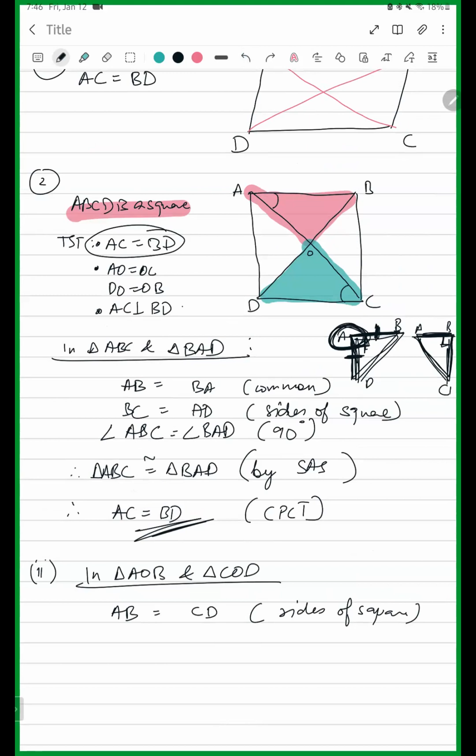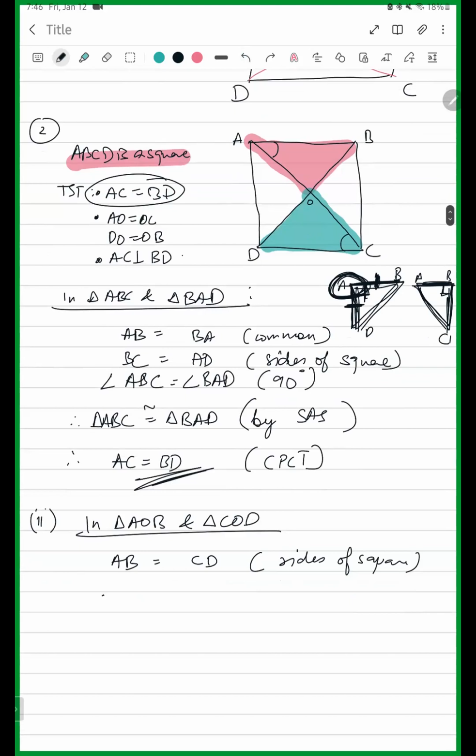So angle BAO is equal to angle DCO. And similarly, angle ABO will be equal to angle CDO. The reason for both of these is the same: they are alternate interior angles.